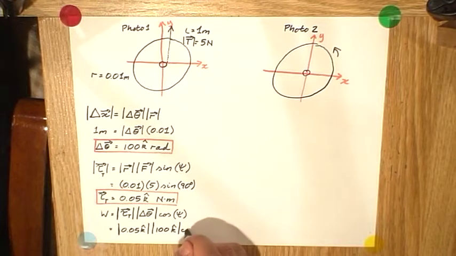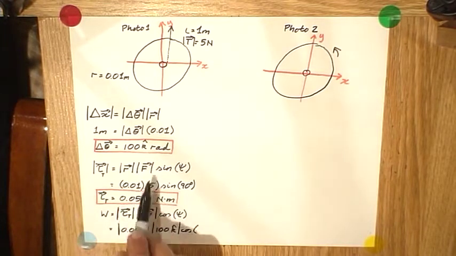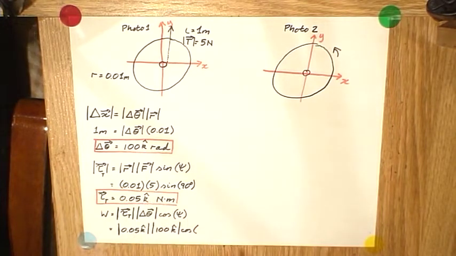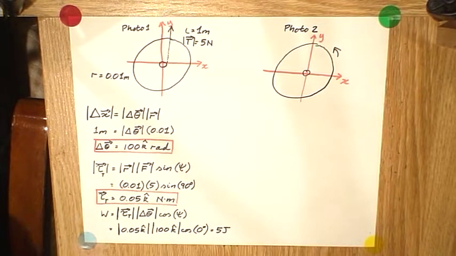And the angle between them, let's see, both of these are in k hat. Both the displacement is in k hat and the torque is in k hat. That means that these two vectors are really pointing in the same direction. So that would be the cosine of 0. So all of that's going to work out to 0.05 times 100 is equal to 5 joules.